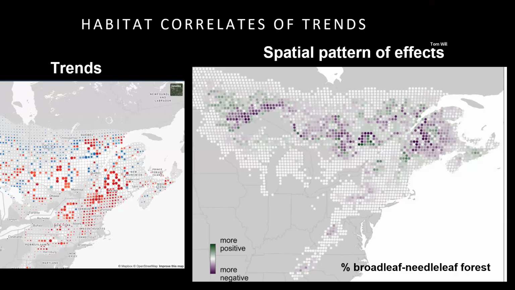But using a combination of causal modeling and interpretive machine learning, we're really able to tease apart for the first time habitat effects on trends. And we're able to say, it's not necessarily just a matter of correlation, because you really have to see what conditions, independent of where the species is most abundant, are increasing and decreasing things.